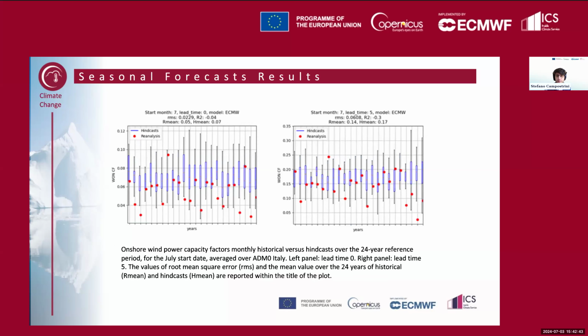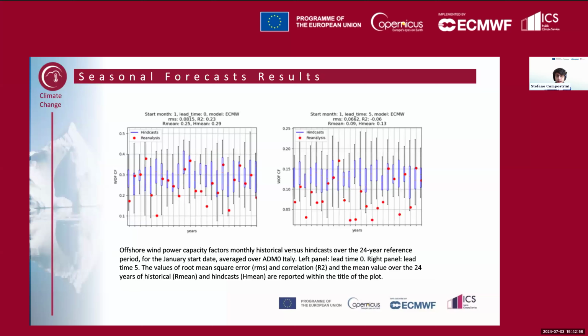Now, this is for a different start month, which is July, same lead times, 0 and 5, and we can approximately see the same behavior. Then another result, now this time for offshore.